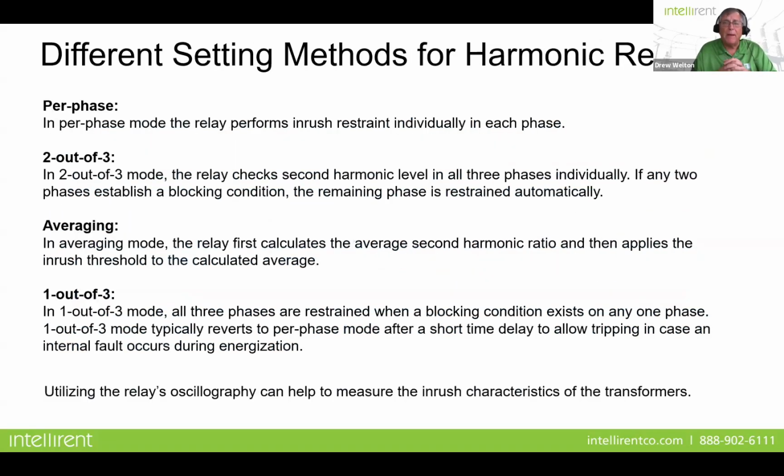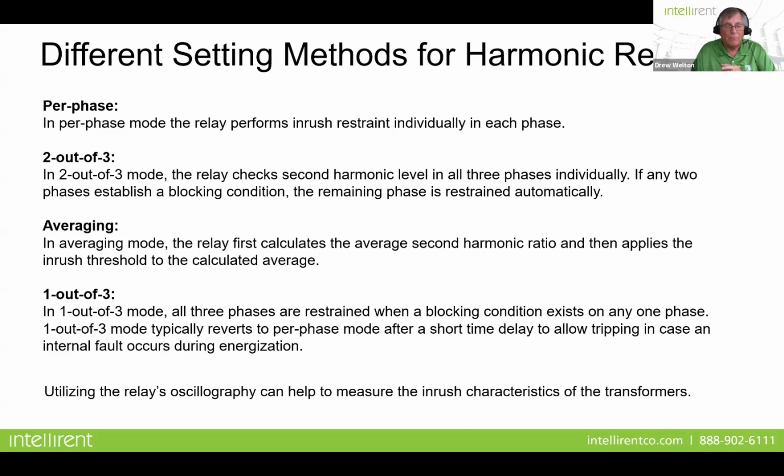So there's different methods that the relays use in terms of harmonic restraint. They could do it per phase mode, which performs inrush restraint individually on each phase, or it can take an averaging. In the averaging mode, the relay first calculates the average second harmonic ratio and then applies the inrush threshold to the calculated average.